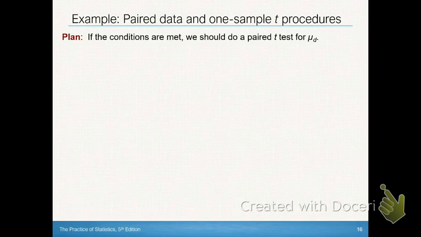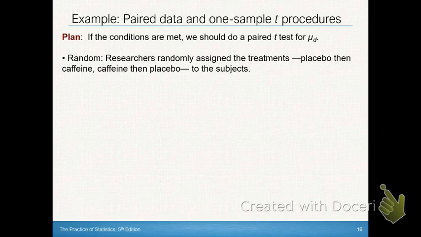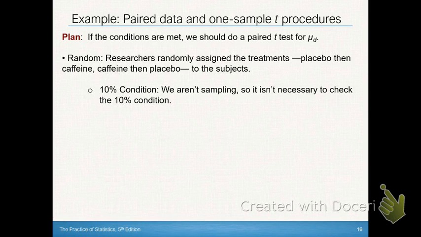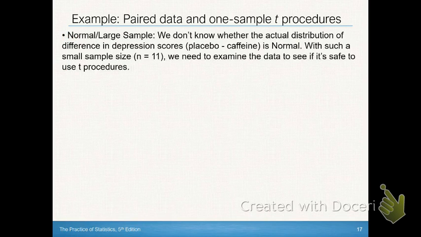Then our plan step: we're doing a one sample t procedure and we have to check our conditions. It says here that we randomly assigned them to the two treatments and we randomly assigned who got which treatment first. Because we're not sampling and we're doing an experiment, we don't need to check the 10% condition, but we do want to check our normal condition.